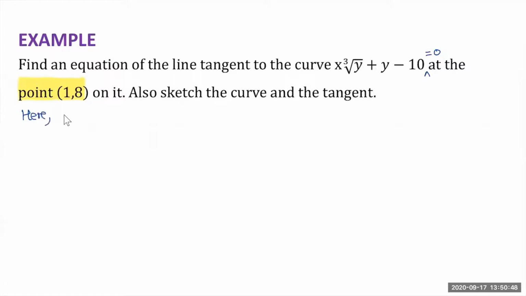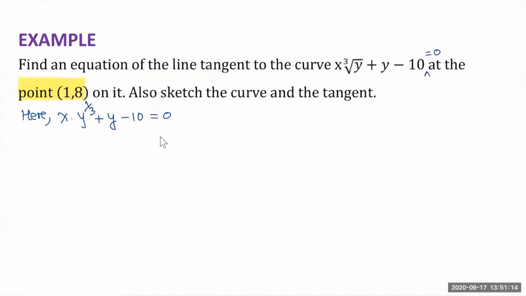So here, the equation is x multiplied to the cube root of y. Cube root of y is the same as y raised to 1/3, that is the meaning of the cube root, plus y minus 10 equal to 0. This equation you cannot solve for y easily, so this is an implicit function.